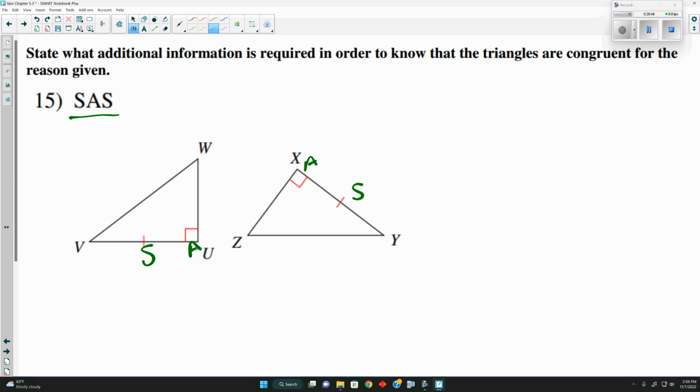So we're missing a set of sides, yes? Now it needs to be side angle side. So the other side that we need is WU is congruent to XZ or ZX. We can have it in either order.